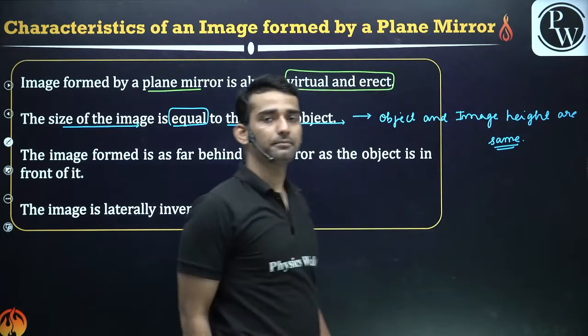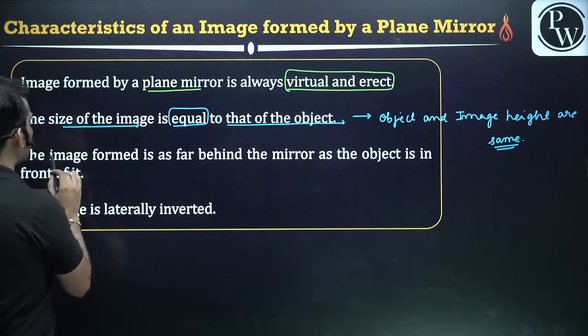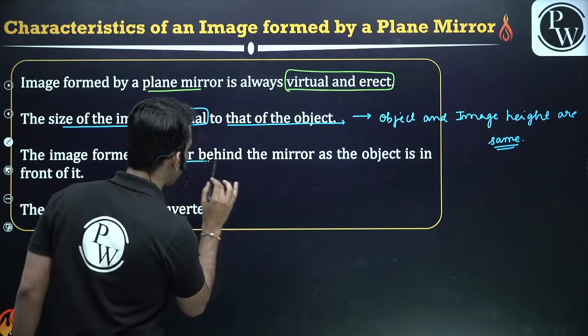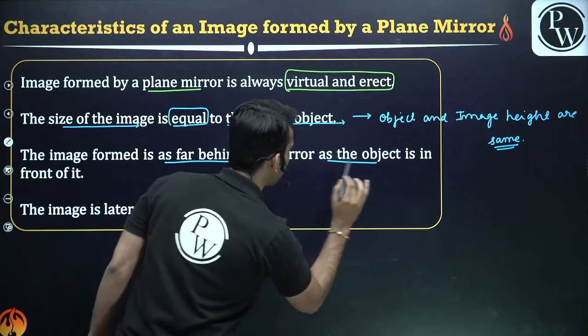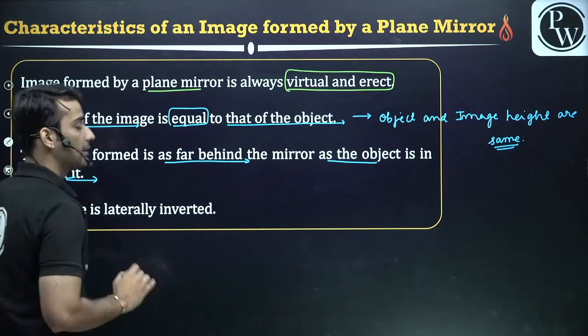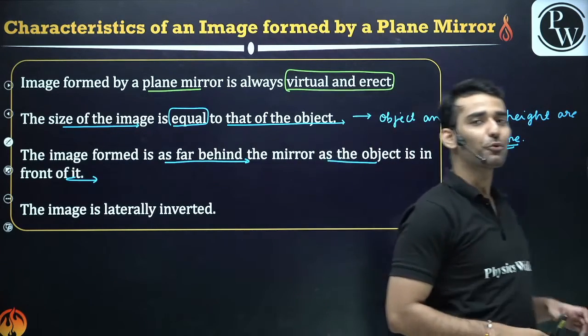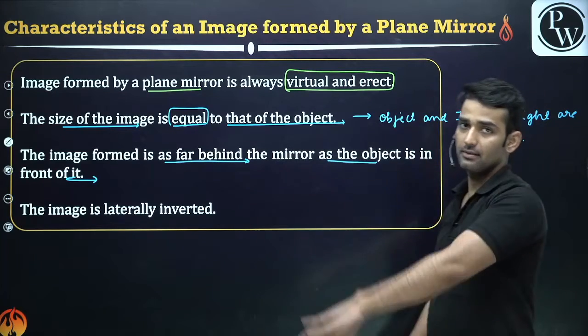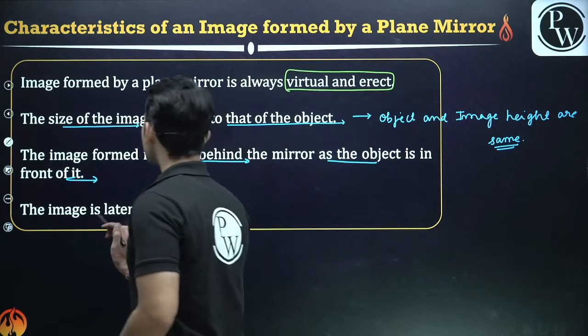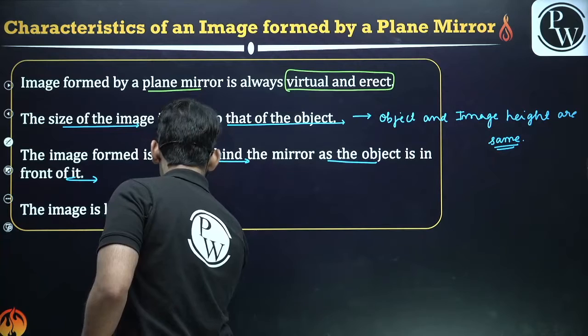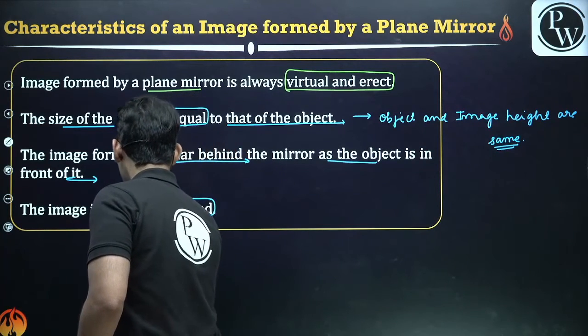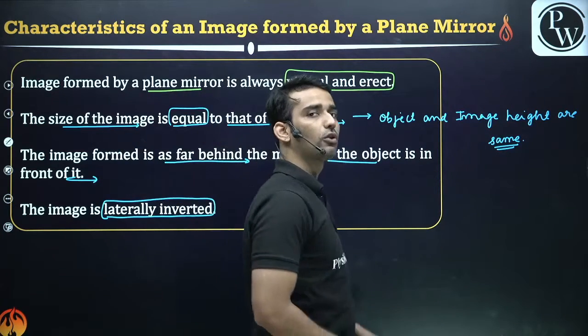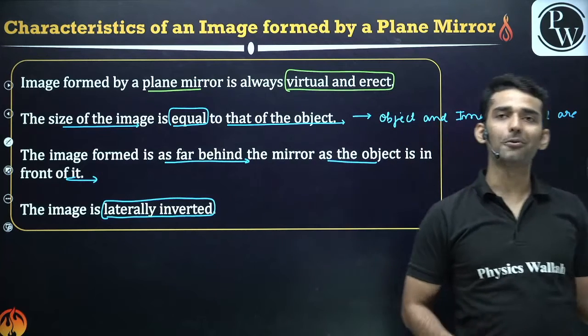Okay. What is third? The image formed is as far behind the mirror as the object is in front of it. That is, object distance is equal to the image distance. Clear? And what is the last? Image is laterally inverted, right to left and left to right.